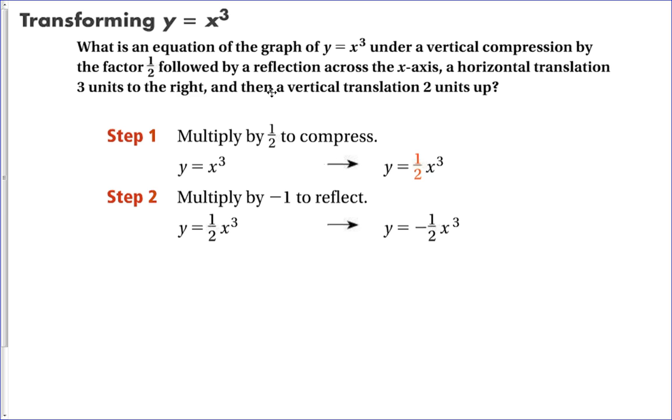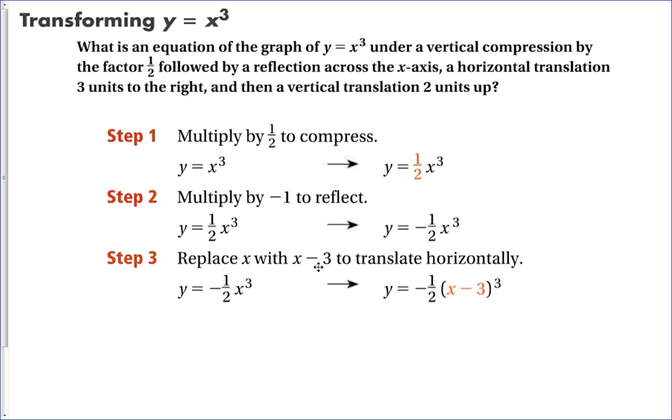Then it's a horizontal translation 3 units to the right. Since that's horizontal, if you remember back, horizontal translations directly affect the x. In order to directly affect the x, we're going to have x, and since it's to the right, it's going to be minus. It's going to have to be x minus 3.